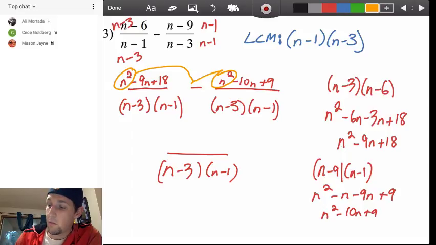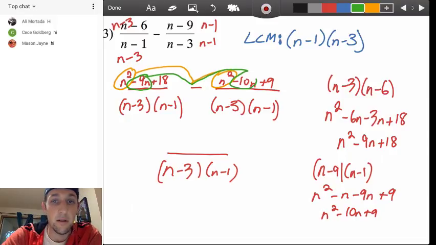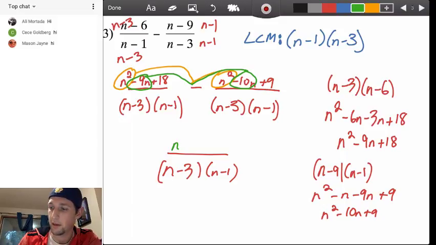Next term, we're subtracting negative 9n minus negative 10n. So that's going to turn it into negative 9n plus 10n. That gets us just n. I'll even write it in green so you can see that green little drawing there is where I got that from. And then I'm doing 18 minus positive 9.